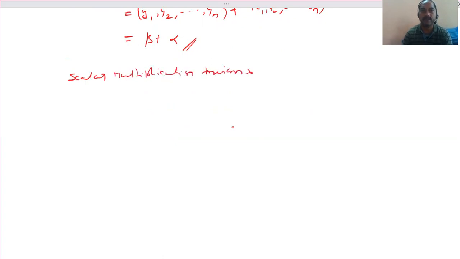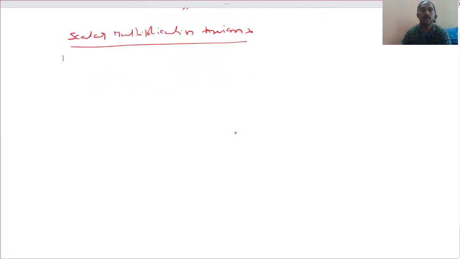Next, scalar multiplication axioms. Now observe that they have already given C times alpha equal to a vector. Start with the first property. In scalar multiplication, the first one is 1 times alpha. There are 4 properties, and one by one we will prove them.